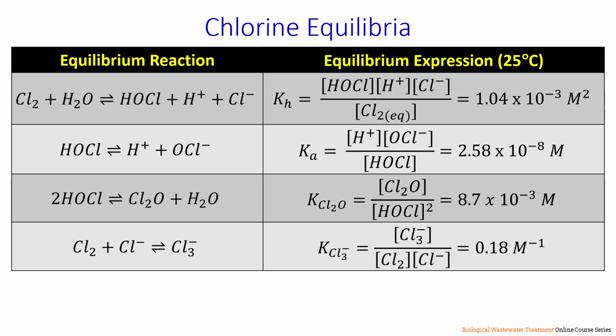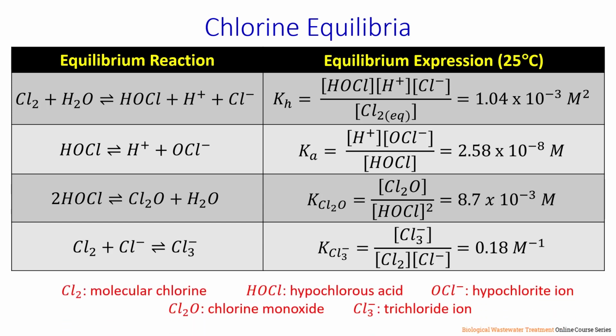Here's an illustration of the equilibria that represent chlorine and its distribution in water. In the left column are the various reactions that define the equilibrium distribution of chlorine among its various forms. And on the right are the corresponding equilibrium expressions with values for the equilibrium constants that have been reported at 25 degrees C. Among these various forms, we find 5 different forms of what we can identify as free chlorine.